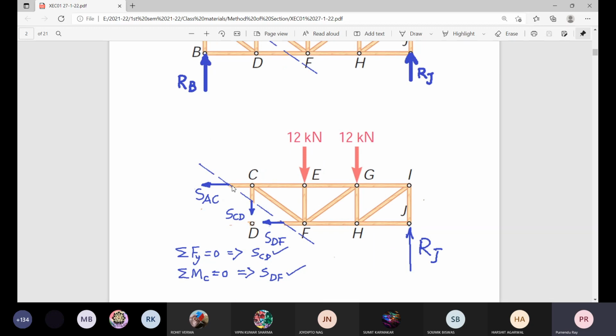The forces in the members are shown in this way, assuming tensile as usual, like in the method of joints. Give the names, either 1, 2, 3 for these members, or these names also you can use. This is for member CD, this is for member DF, and this is for member AC. Normally we prefer to write the first letter first.